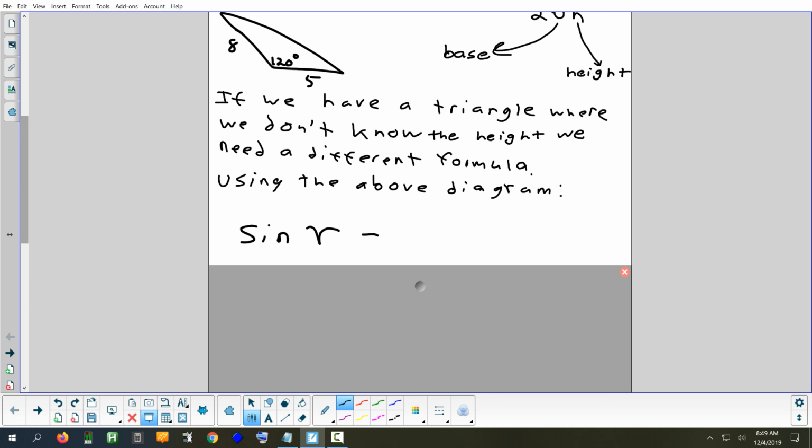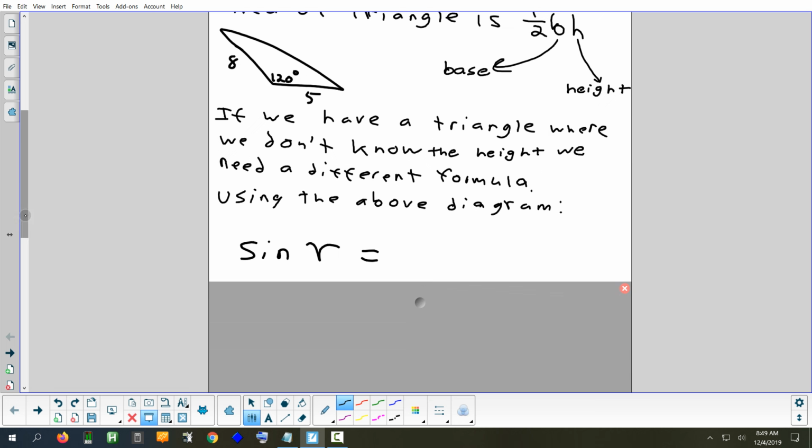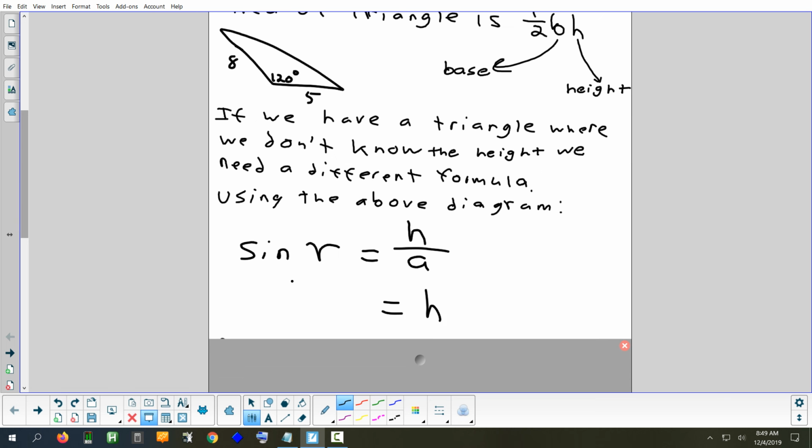Yep, sine of gamma equals opposite over hypotenuse, so h over a. My goal is to get h by itself so that I have a formula for it, so I can find it if I need it. So how would I get this a on the other side?